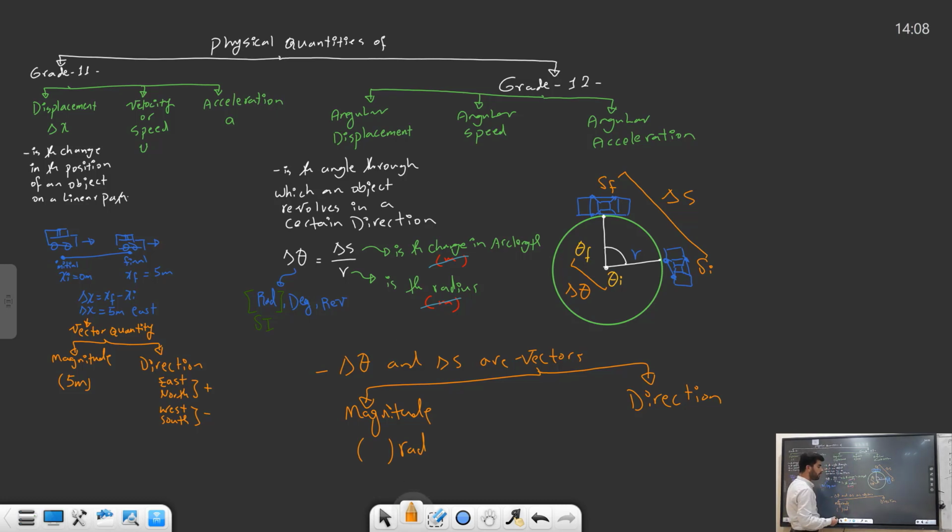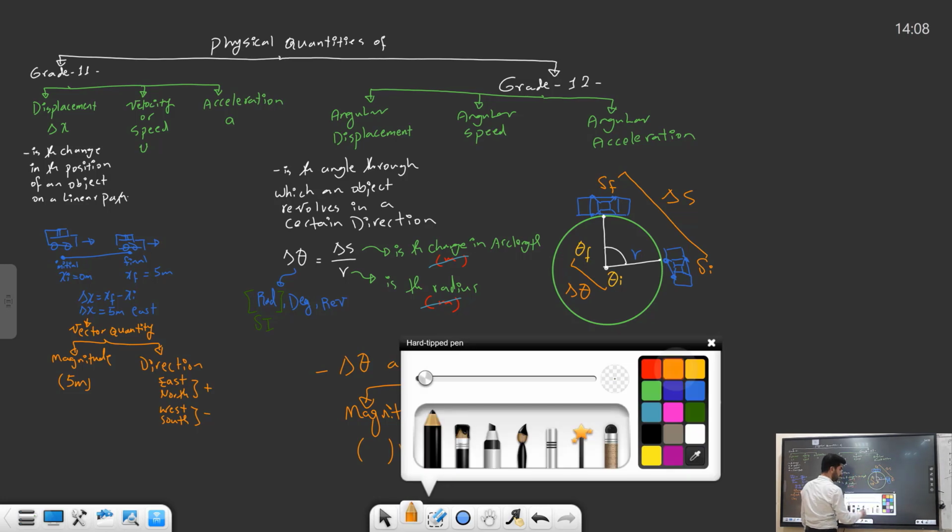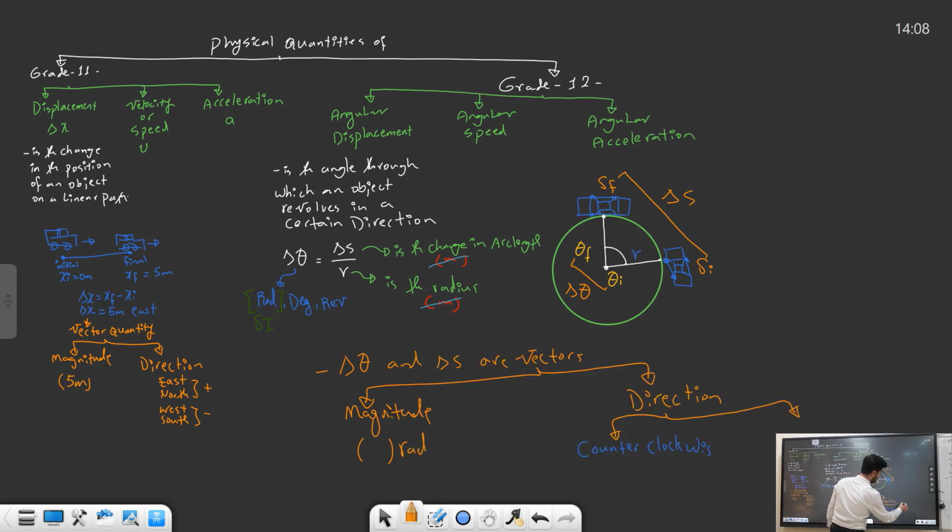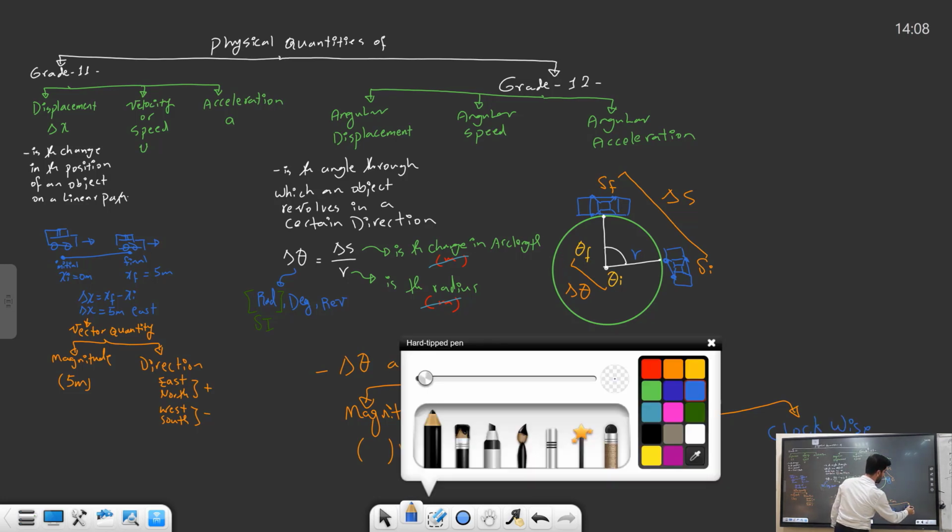But the direction, guys, can be counterclockwise or clockwise. This car has only 2 options, 2 directions to travel.